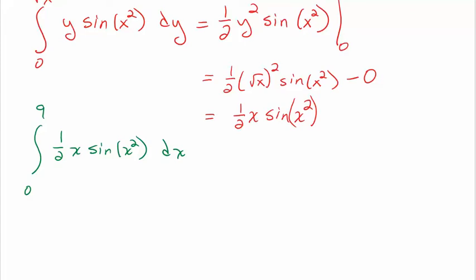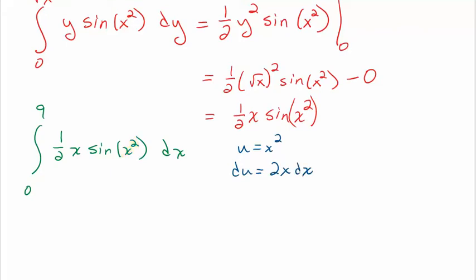So this one involves a u substitution. I kind of alluded to it earlier. So if we let u equal x squared, then we're going to get du equals 2x dx. So we need a 2x dx.